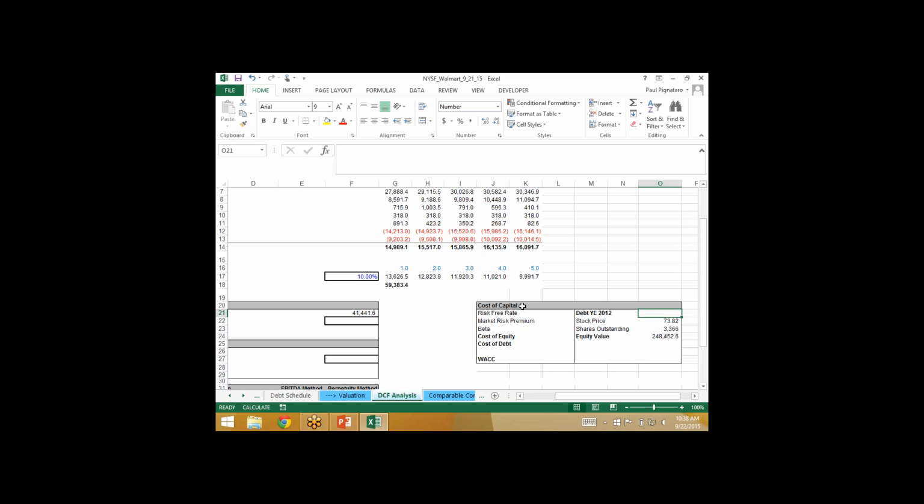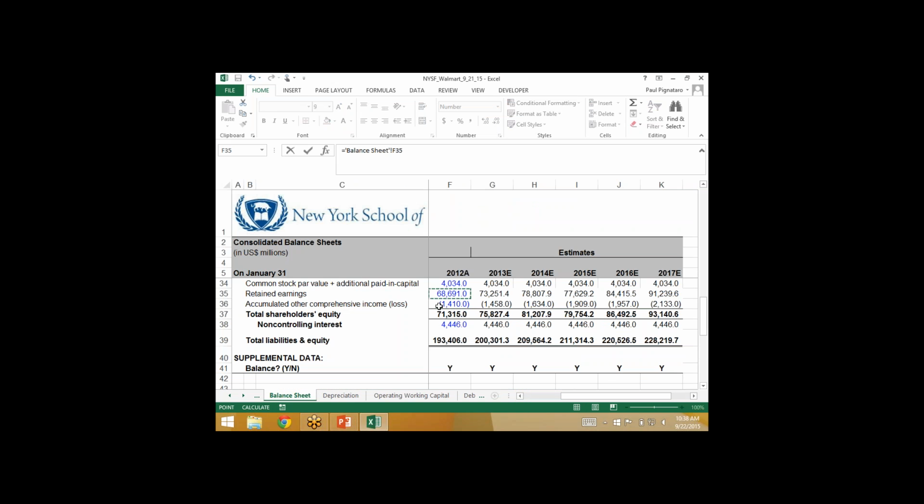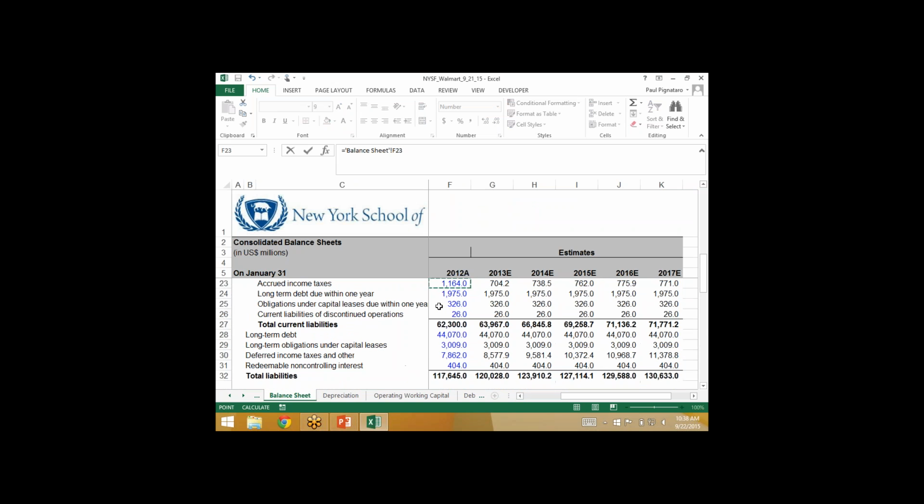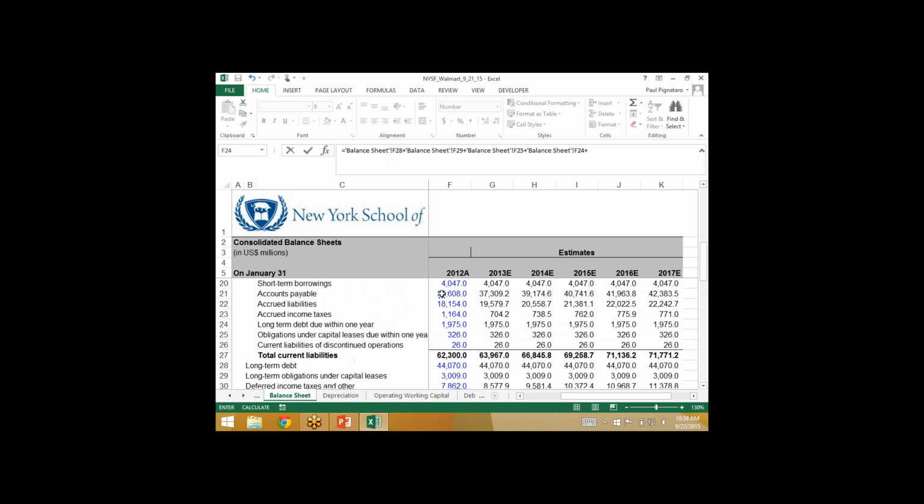Let me pull in the total debt now so I can use it for our multiple calculation. And the total debt's going to come in from the balance sheet. And in 2012, I'm going to take total debt as long-term debt plus capital lease obligations plus capital leases due within 1 year plus long-term debt due within 1 year plus there should be a short-term debt.